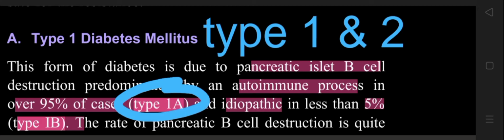And if the pancreatic cells are destroyed by some other means, with no involvement of the autoimmune process but the involvement of some other genetic factors, then that patient is idiopathic, and the type is known as idiopathic type 1 diabetes or type 1B diabetes. Okay, I hope you got it.